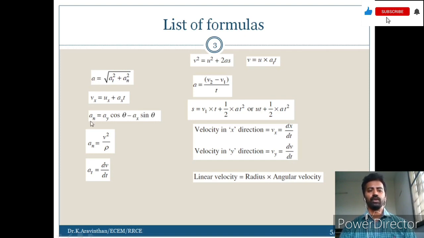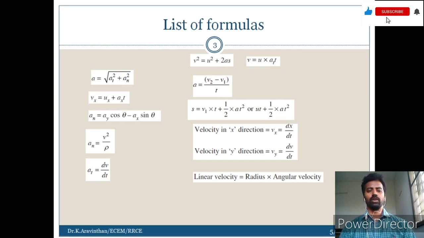When you require the normal acceleration, AN, you use AY cos theta minus AX sin theta, where theta is the angle, and AY and AX are the vertical and horizontal components. So at a curved path, you can find the normal acceleration by using the x and y components.